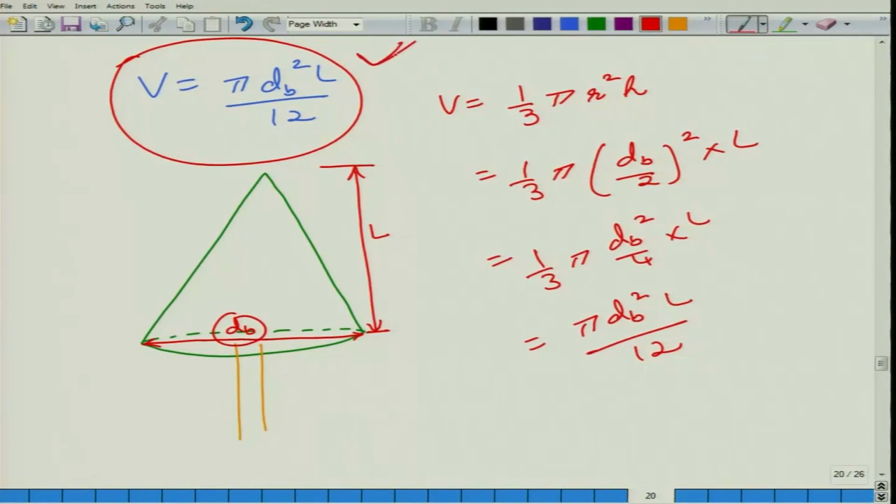Similarly, the volume of this cone will correspond to the volume of the biomass that is there inside. It will comprise the volume of the branches, the volume of the leaves, and so on. So this volume is the volume of the cone or the volume of the biomass.